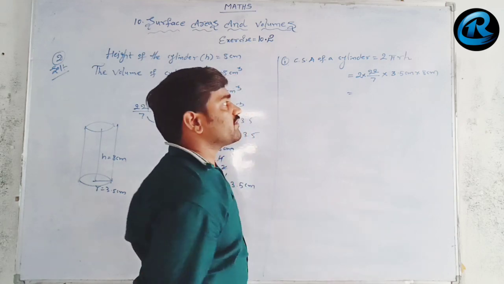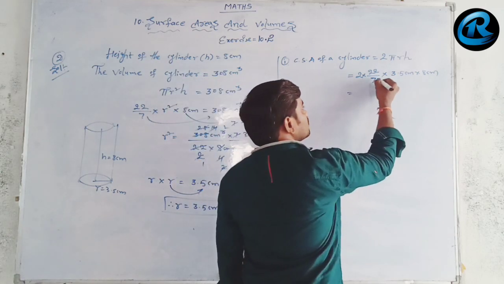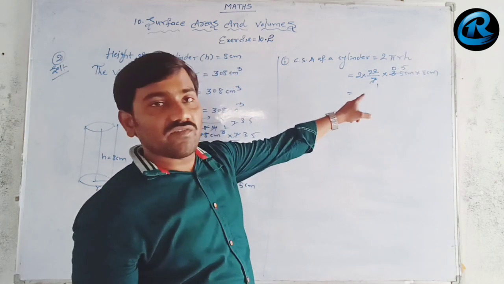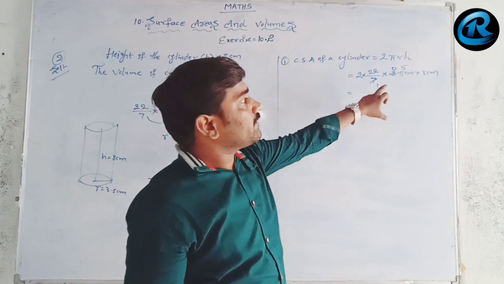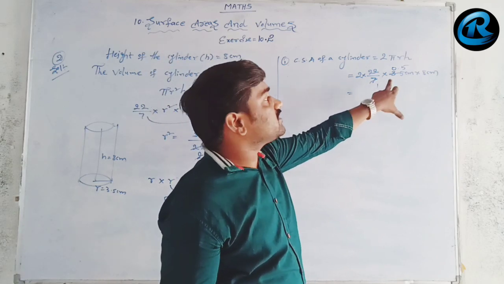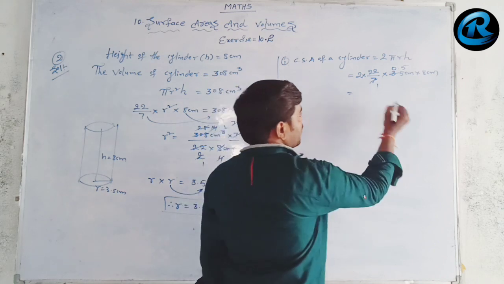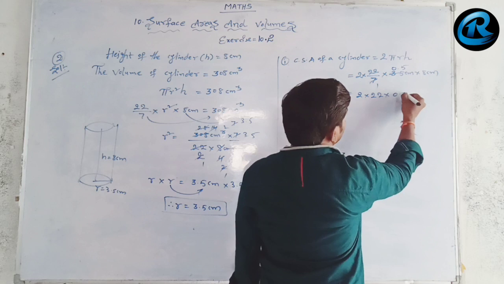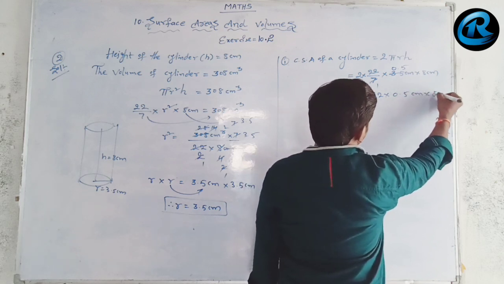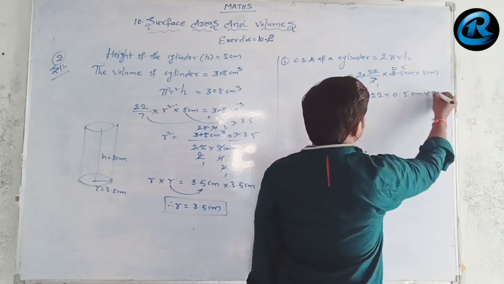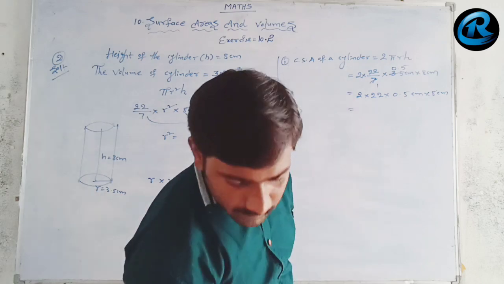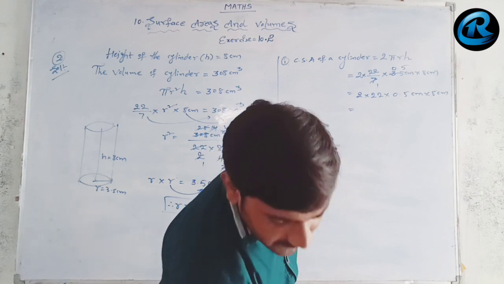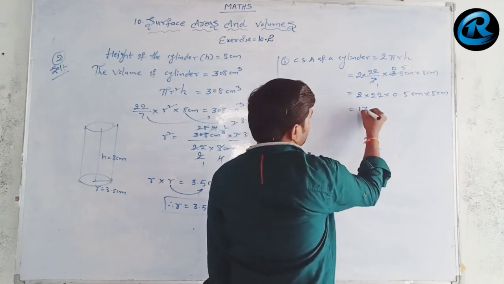So when you simplify this, 7 ones are 7, 7 fives are 35 actually, but here it is 3.5, so 7 into 0.5 is 3.5. So the leftover is 2 into 22 into 0.5 centimeters into 8 centimeters. So multiply this all, and after the multiplication you get 176 centimeters square.